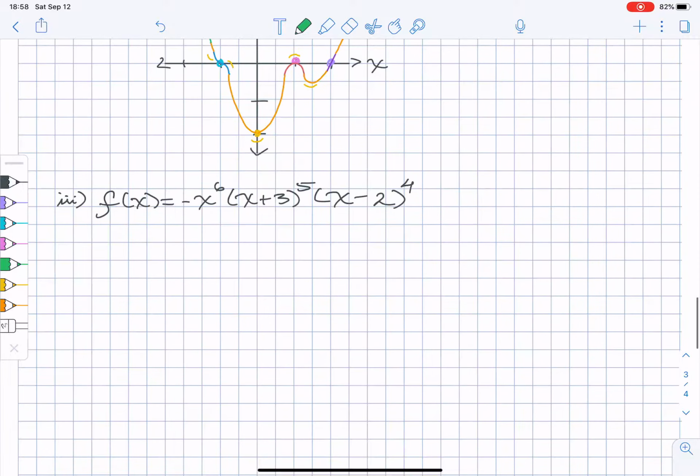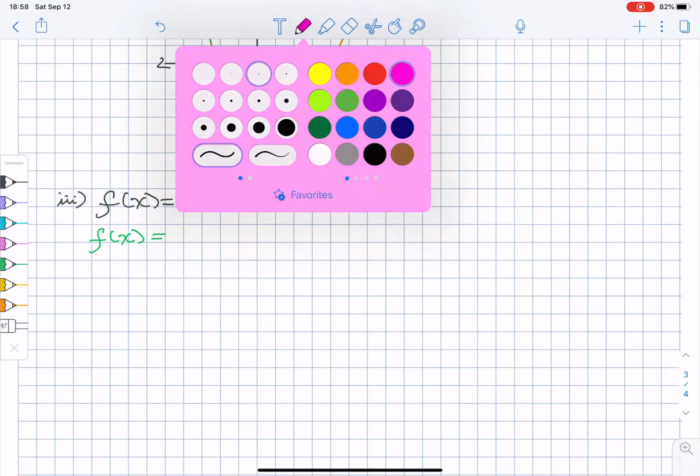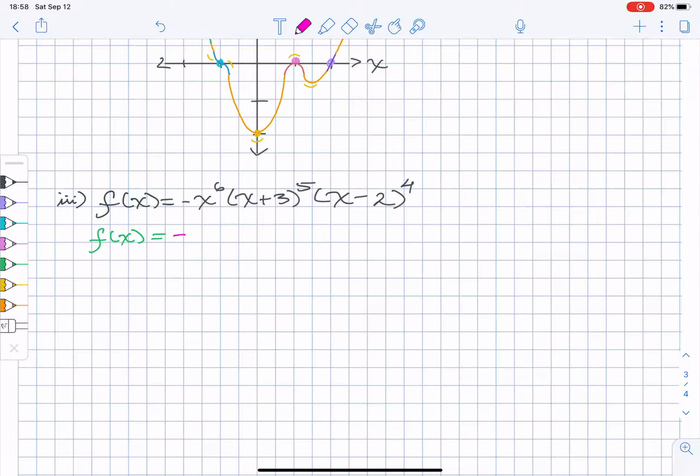There's something sneaky going on here, and let me make sure I indicate it with a very bright color, and it's this negative. So I've got x to the 6th, then I have x plus 3 to the 5th, then I have x minus 2 to the 4th.